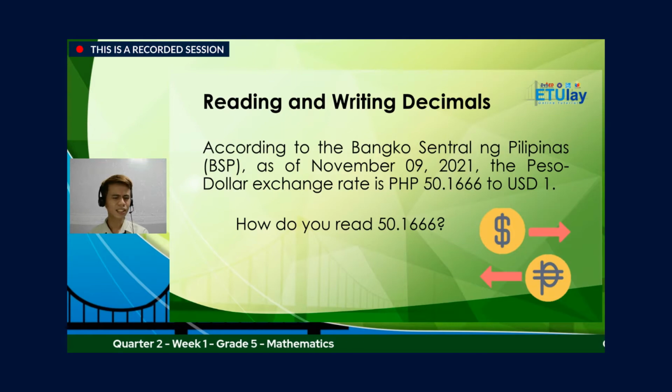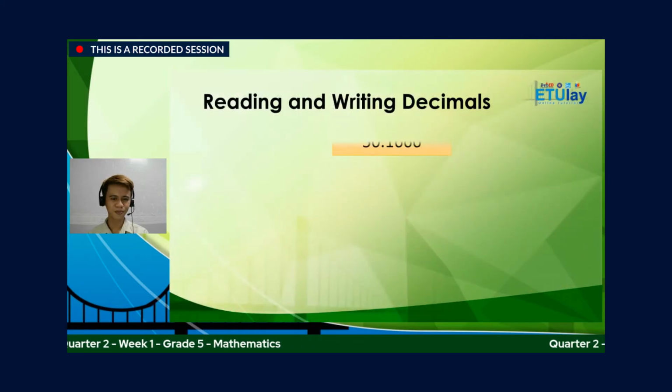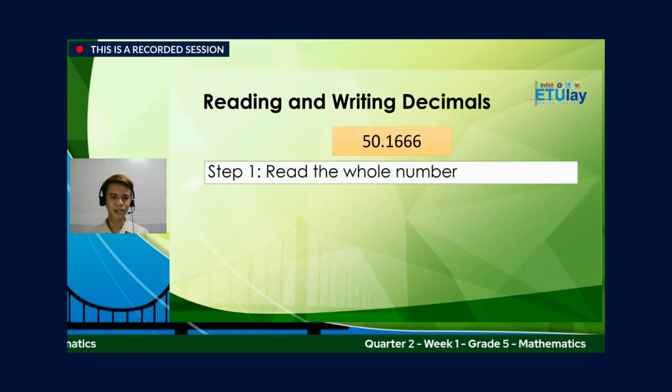50.1666? So let us follow the steps in reading decimals para naman mas mabasa natin ng tama kung ano talaga ang pagbasa dito sa number na 50.1666. So we have this number and our first step is to read the whole number.